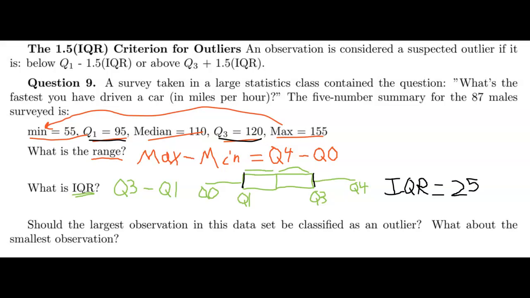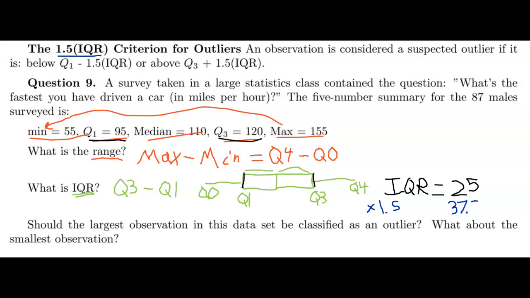The criteria is take 1.5 times that IQR. You don't have a choice on this. This isn't subjective. It is multiply by 1.5. So 1.5 IQR gives you 37.5. And now you know the number that you have to add and subtract.